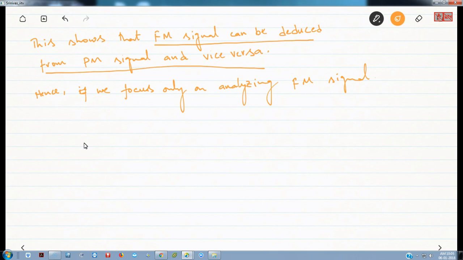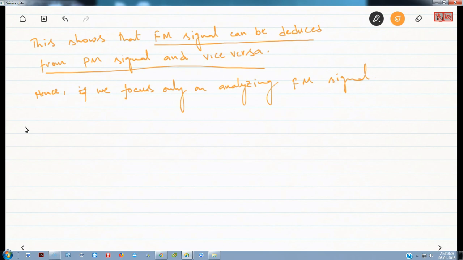You understood the difference. Why do we focus only on FM signal? We know that both can be transformed from one equation to another equation. So if we can analyze one of these two signals thoroughly, we can also understand how the other signal behaves. So from now onwards, we focus only on the frequency modulated signal, right?